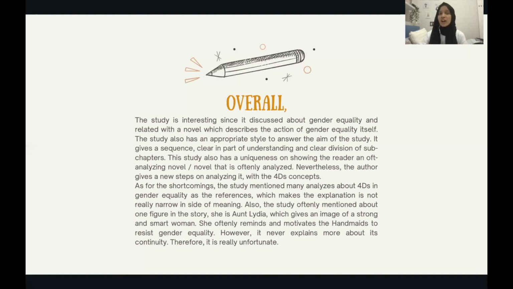Just reading from the journal, I can tell you that I admire Aunt Lydia so much since Aunt Lydia gives an image of a strong and smart woman. She often reminds and motivates the handmaids to resist gender inequality. However, it never explains more about its continuity. Therefore, it is really unfortunate for me personally.